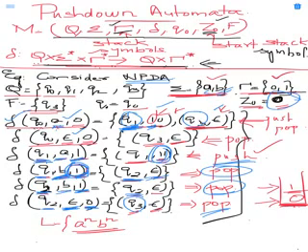So the language satisfies the set of strings of the form A raised to n, B raised to n, such that n can be greater than or equal to 0.